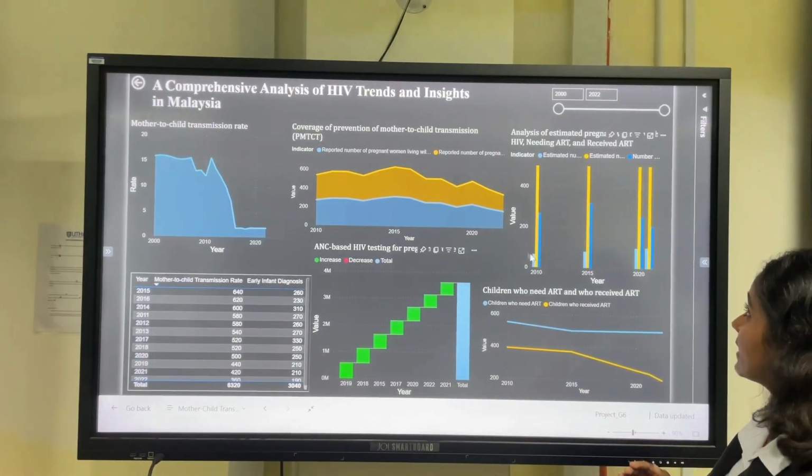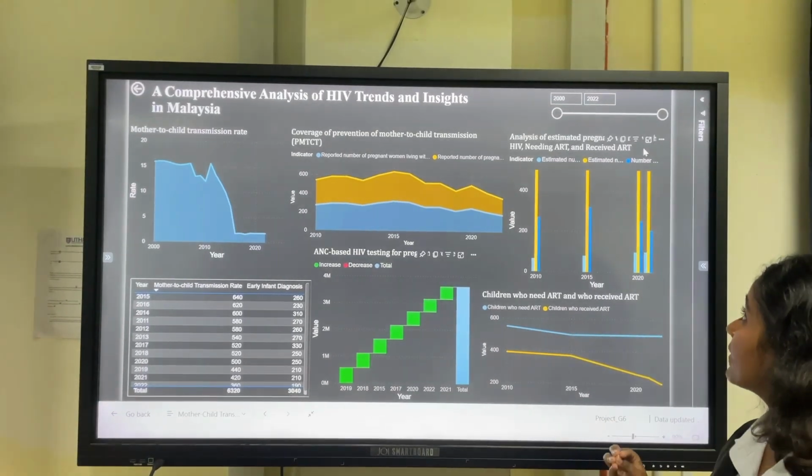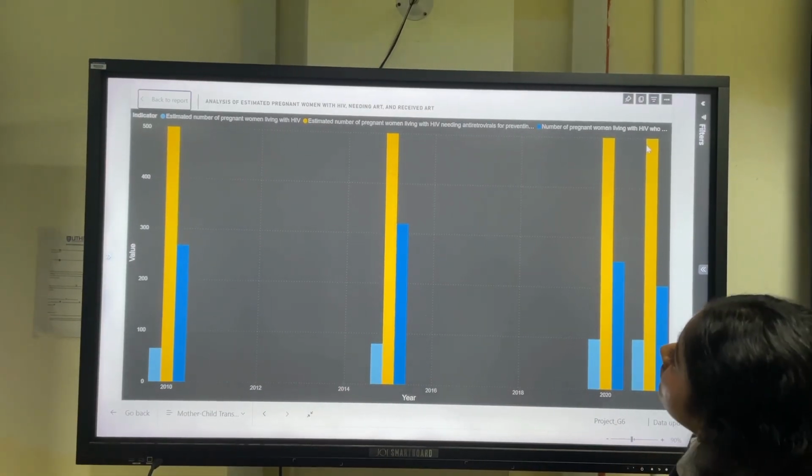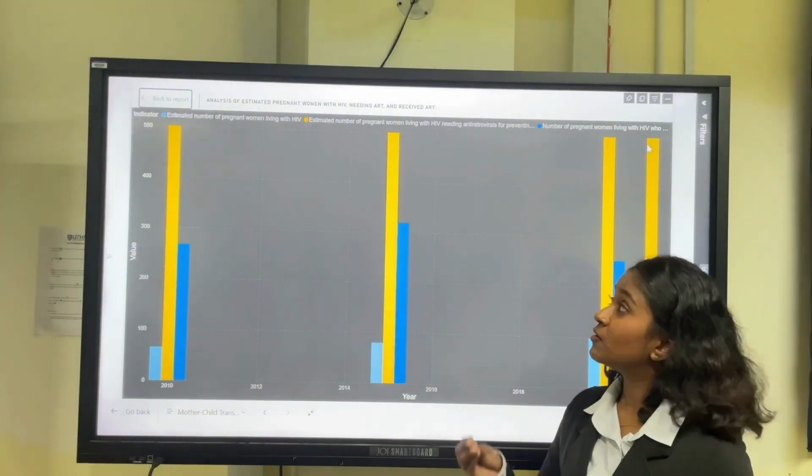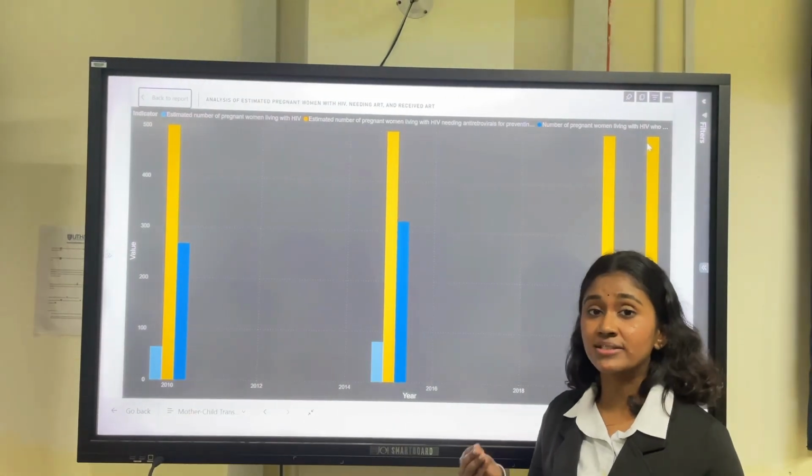Okay, in the next slide we can see the analysis of the estimated pregnant women with HIV who need ART and also who have received ART.